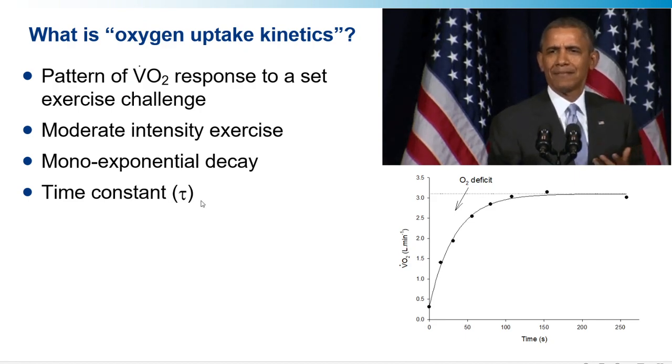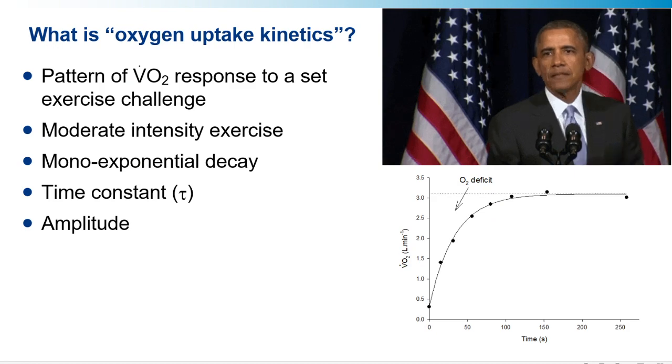But I'll keep calling it tau because everybody else does. It gives us a measure of the rapidity with which the oxygen uptake responds. The time constant is the time taken to reach 63% of the final amplitude. And the amplitude itself is how high the oxygen uptake rises as a consequence of the exercise challenge. That's what we call the amplitude.